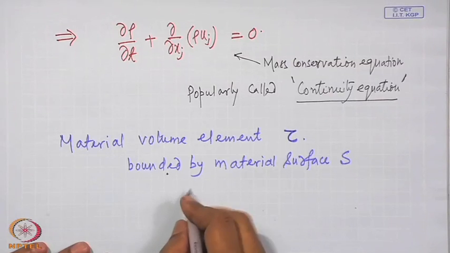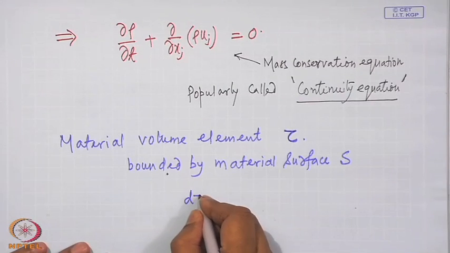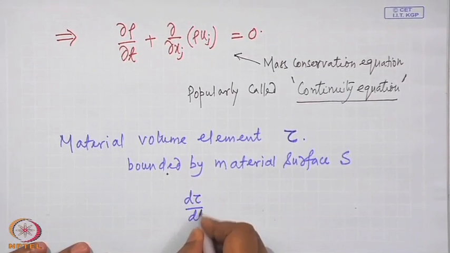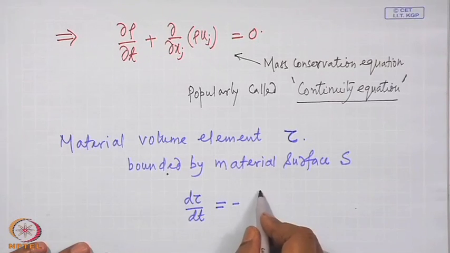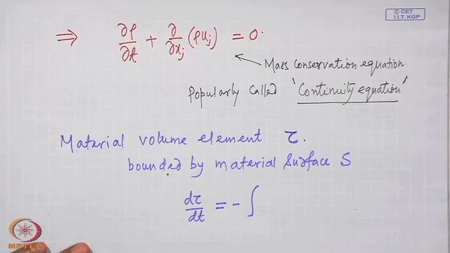If its surface moves outward or inward, or if the surface deforms, then its volume will change. So, you can then write that d tau dt is what?